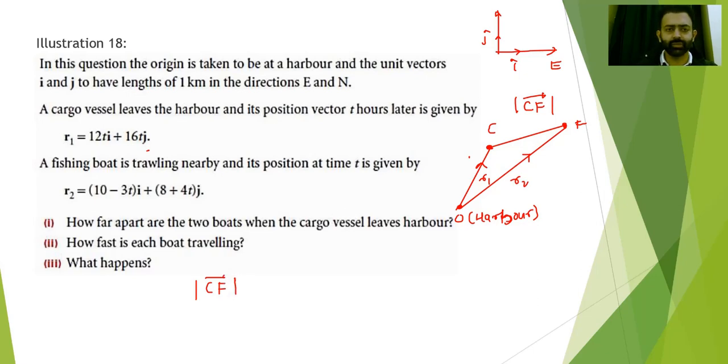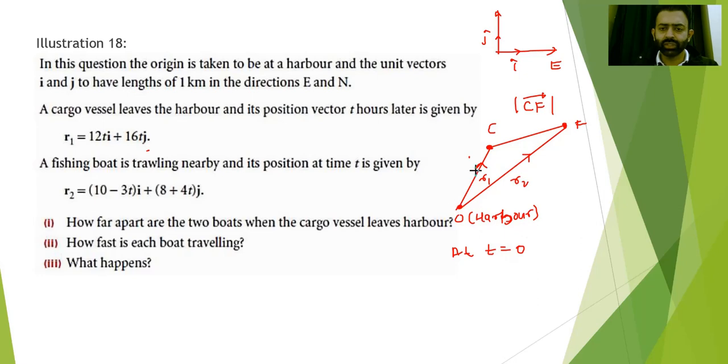Not CF, I'm sorry, we do not have to find CF. It says how far apart are the two boats when the cargo vessel leaves the harbor. That means at t equal to 0, we have to find the distance between the two.